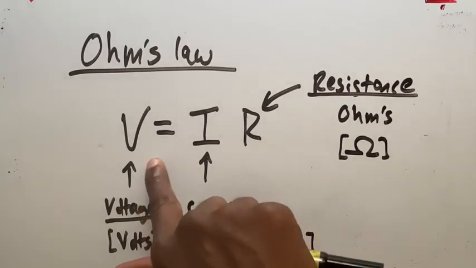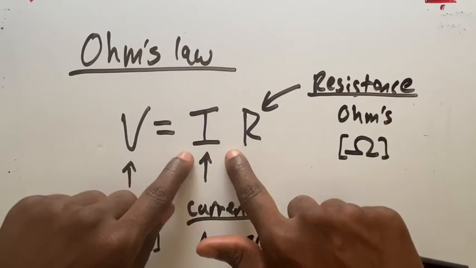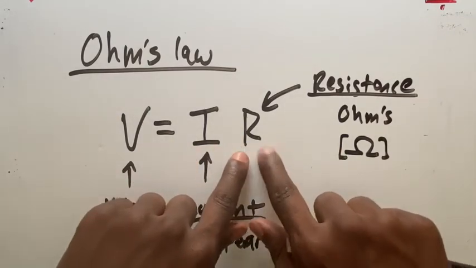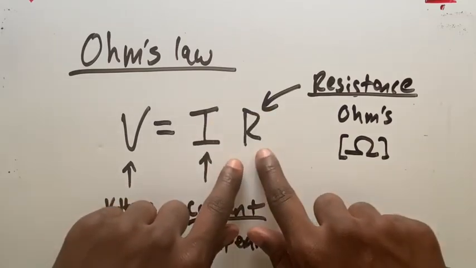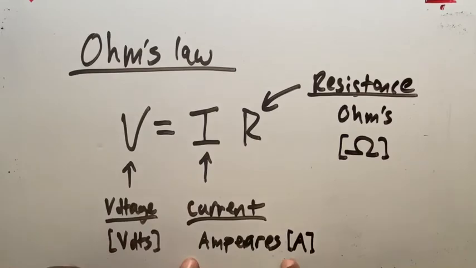So the voltage, or the potential difference, is equal to the current that's going to flow through that wire times R, which is the resistance in that wire. R is measured in ohms, the current is measured in amperes, and the voltage is measured in volts.